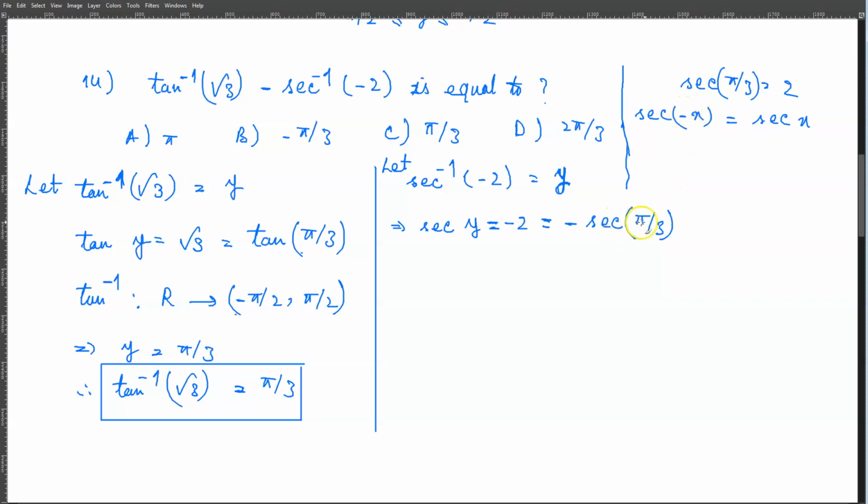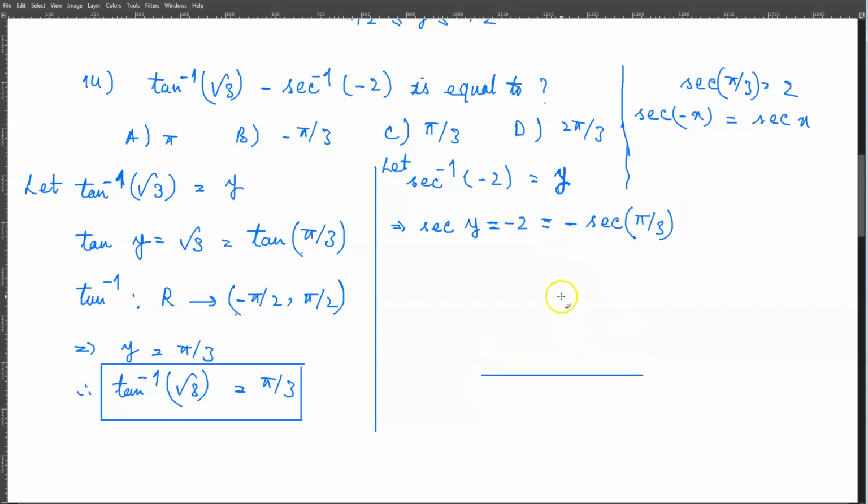Now this part is a little bit tricky because secant of negative x is actually equal to secant x. It's not like other trigonometric ratios. Which means that we have to use the unit circle in order to figure out what sort of angle we can use, so that we can express this in terms of the secant of some angle.